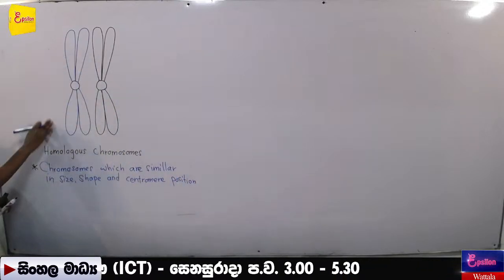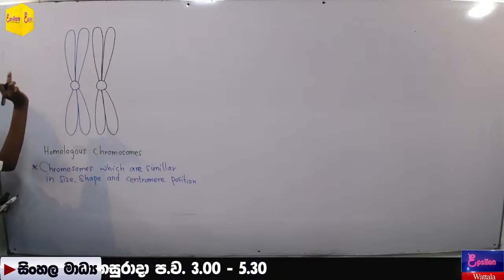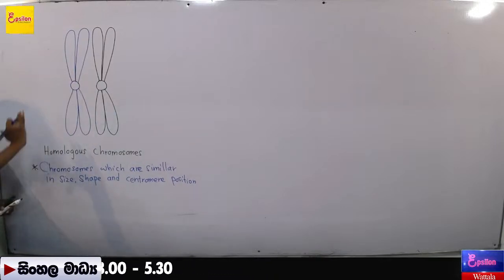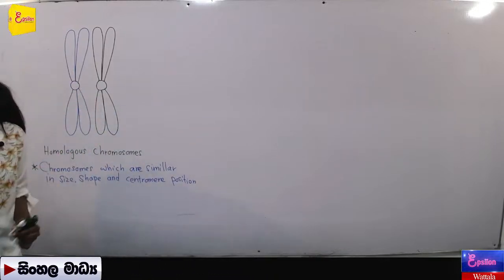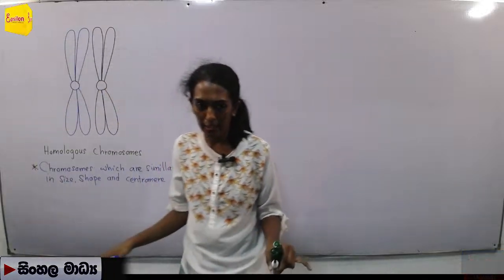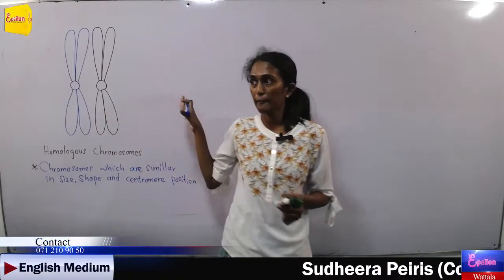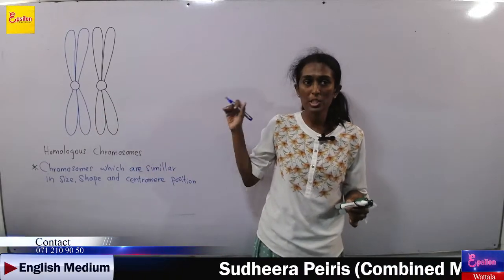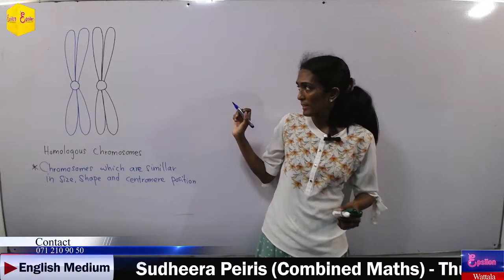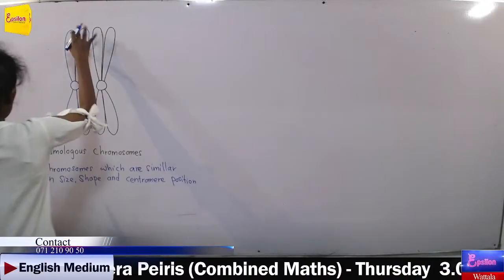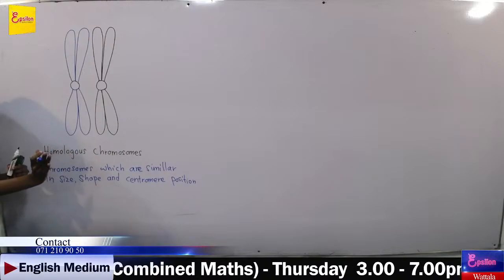Well, size they are equal. Shape also they are equal. And centromere position also the same. This is the basic definition. But the reality behind this, you will be learning in unit 6, which is genetics. In that, they would say a nice thing. This is having DNA molecules, no?